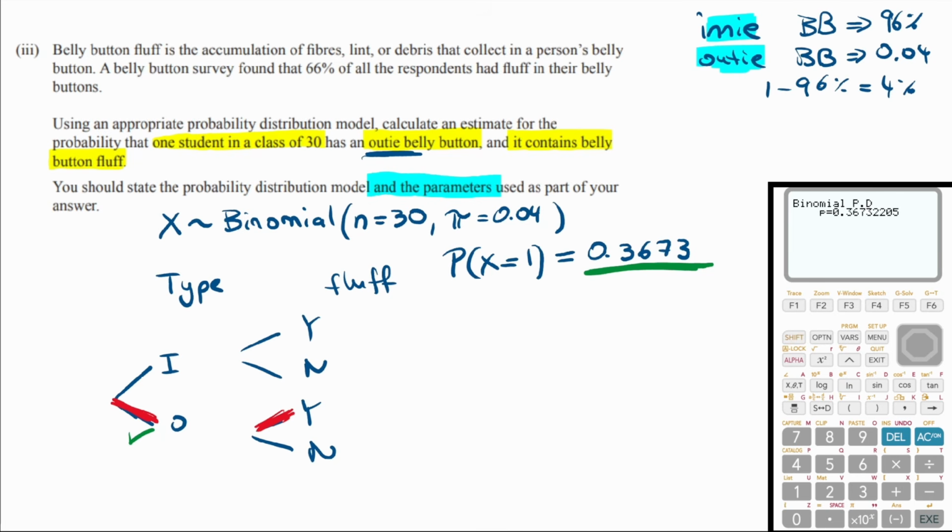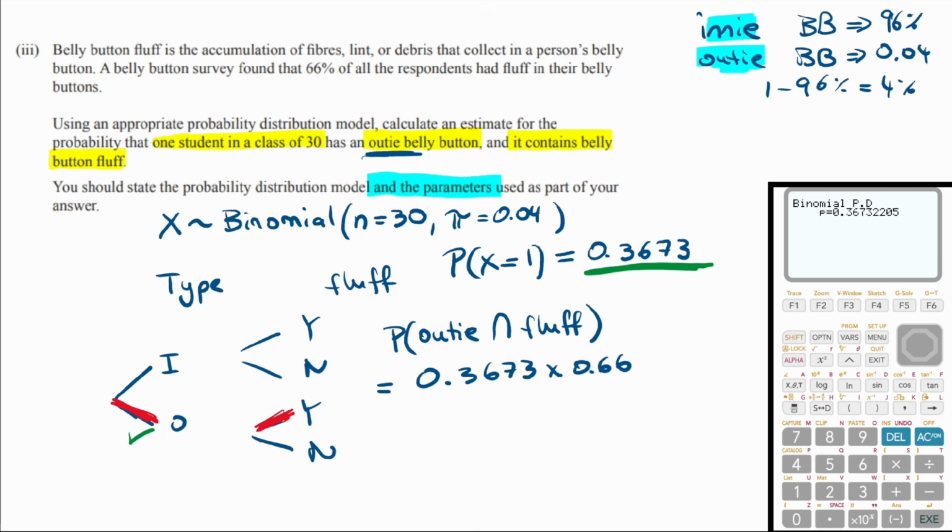So that is given to us, which is 66%. So the probability of having an outie and we want fluff is equal to the probability of outie, which is 0.3673, multiplied by fluff, which is 0.66.